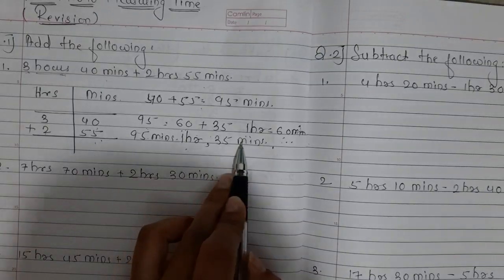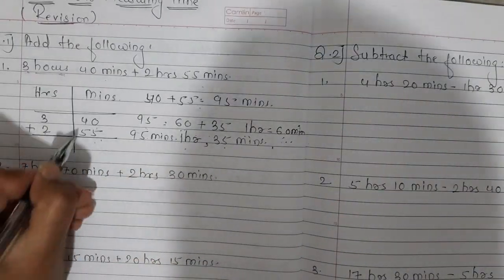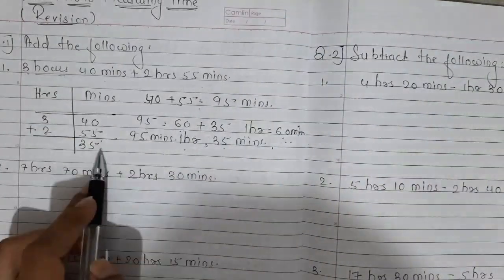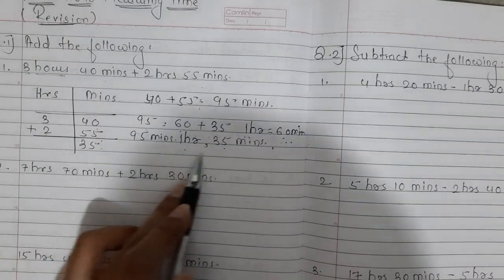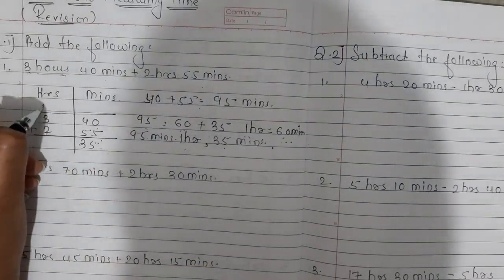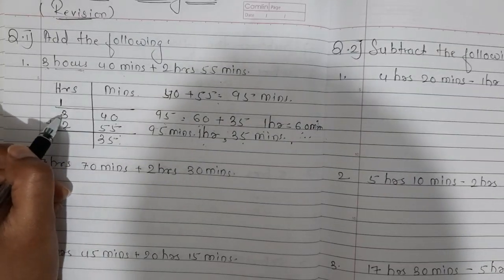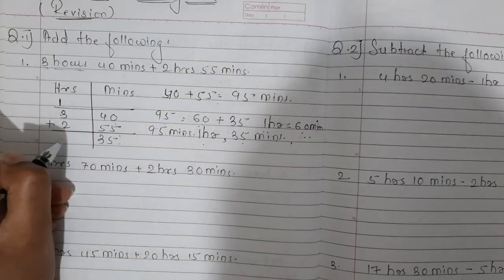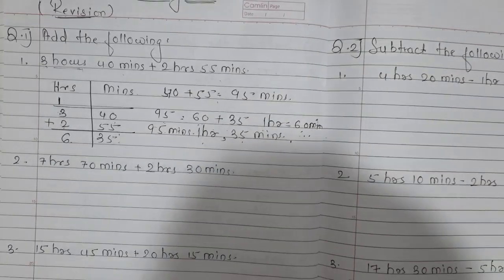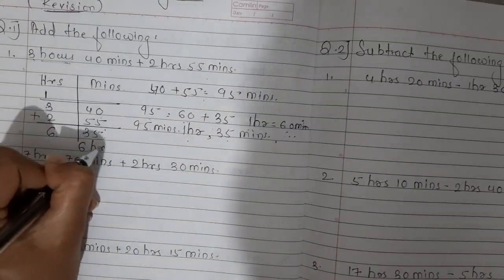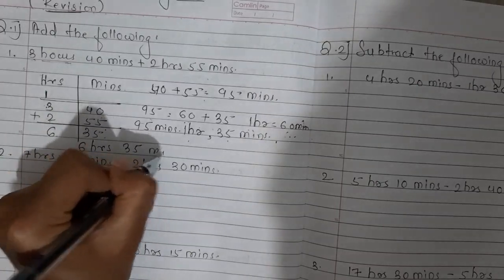First write 35 minutes under the minutes column and take this 1 hour to the hours column. So 1 plus 3, 4, 4 plus 2, 6. Your answer is 6 hours 35 minutes.